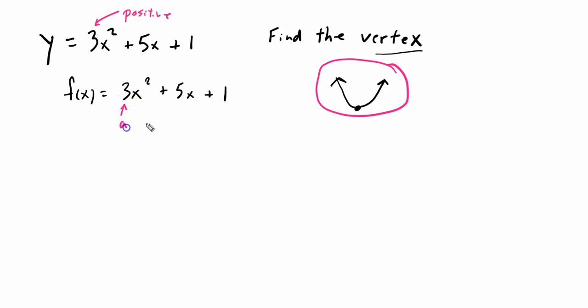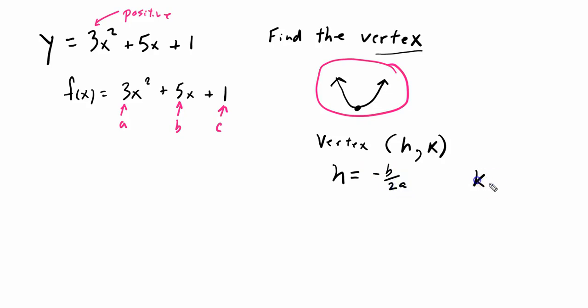I'm going to call that A. I'm going to call the 5 B. And that's going to be our C. So when you identify it like that, then the vertex will have coordinates h comma k, where the x-coordinate h is going to be equal to minus b over 2a. And the y-coordinate k is going to be f evaluated at the x-coordinate.